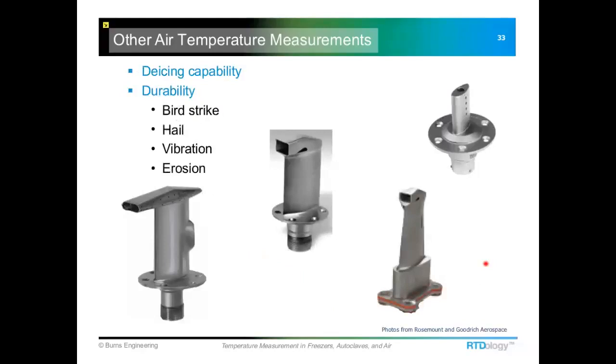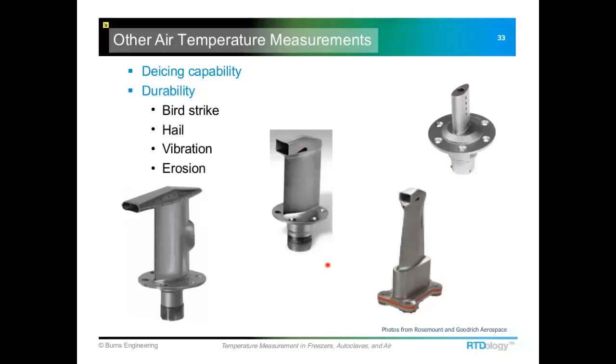Some of them have de-icing heaters in them, so that if you're flying through some precip at altitude, the water will start to freeze on the thing, and you need to be able to melt that off and not affect the measured temperature. They also have a feature where any particles that are in the air will pass through the sensor without going past the sensing element, because the particles could start eroding that sensing element and cause a short lifetime.